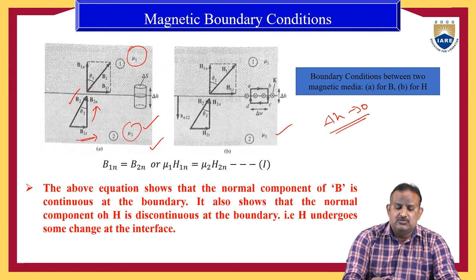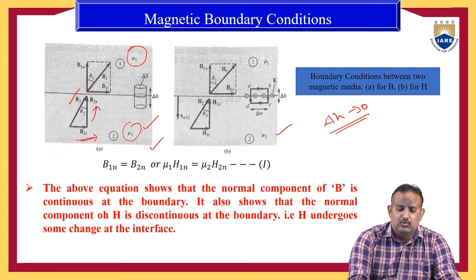When delta H tends to 0, the two surfaces of the cylindrical pill box touch at the boundary.